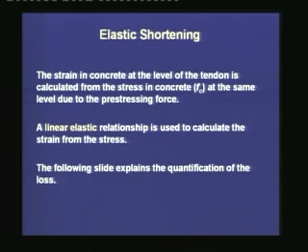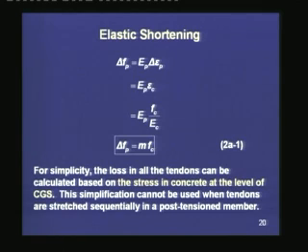Now, the following slide explains the quantification of the loss. The drop in prestress is equal to the elastic modulus of the prestressing steel times the change in strain. The change in strain in the prestressing tendon is equal to the strain in the concrete. The strain in the concrete is equal to the stress in the concrete divided by the elastic modulus of the concrete.